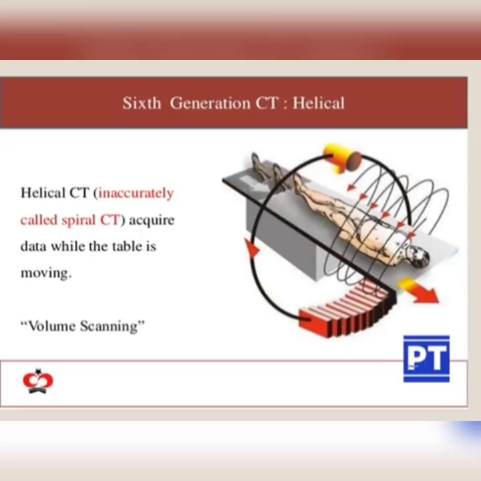So, one rotation, one slice, second rotation, one slice, likewise slice by slice we get on the monitor. While in the case of a helical CT or spiral CT, we acquire a volume of slices on the monitor. So the scan time is completely reduced to seconds. Within seconds, the scan will be finished.